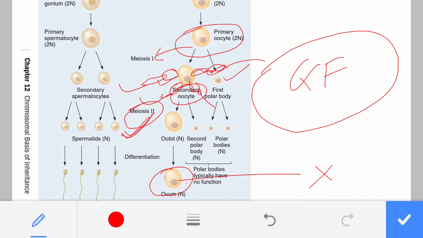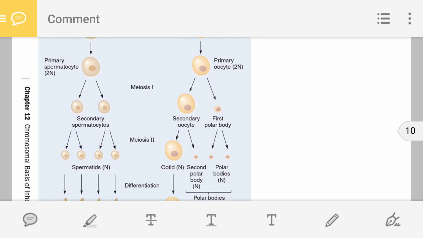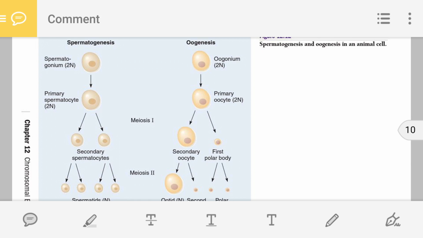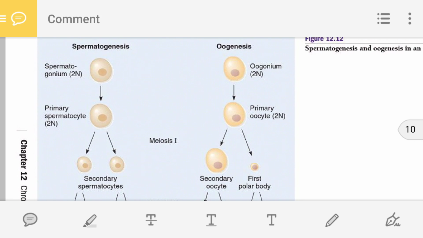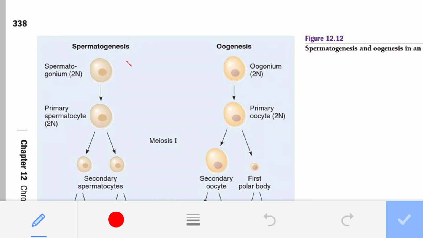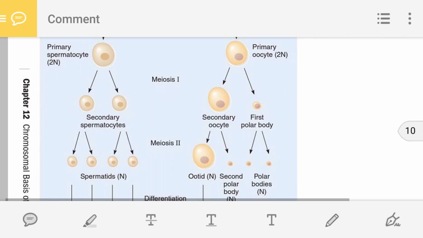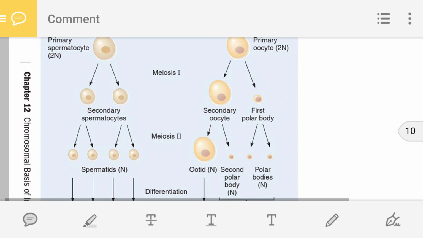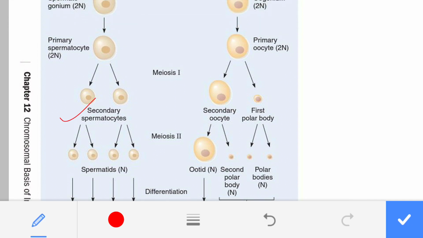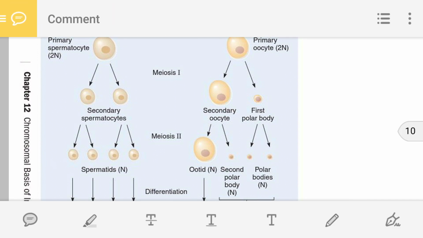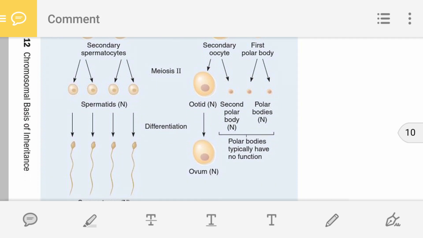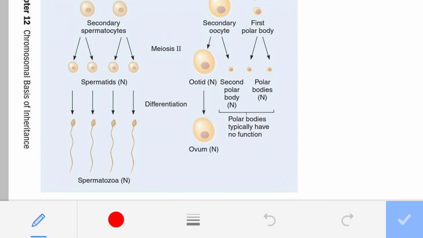Okay, and here this is the chart of spermatogenesis. We have already discussed this process also. So we had started with spermatogonium, then we have primary spermatocyte, then the secondary spermatocyte, then the spermatid, and spermatid is transformed into the sperm.